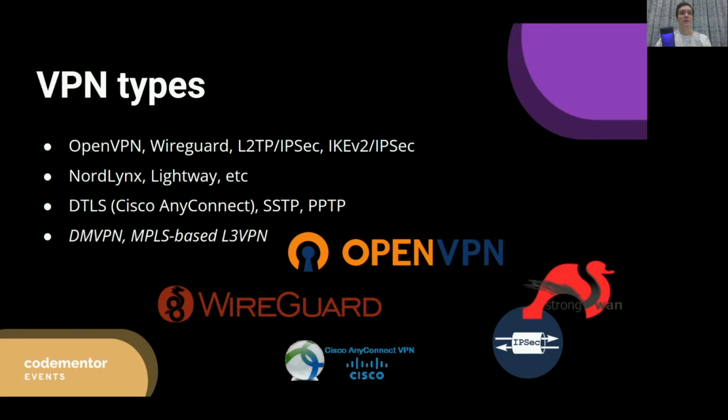So L2TP IPsec is considered to be more vulnerable, and I think the Snowden leaks were telling that the NSA has a backdoor in this protocol. So if you can avoid using L2TP, you better stick to IKEv2. So IKEv2 and IPsec is really handy when you're using your mobile device.